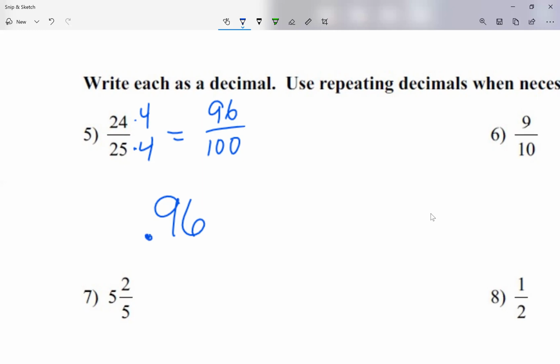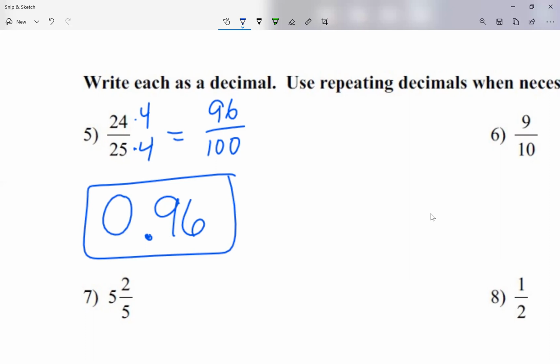Before the decimal, I'm going to put a 0. So my answer is 0.96. Because the denominator has two zeros, my answer should have 2 decimal places. If my denominator only had 1 zero, only 1 decimal place.